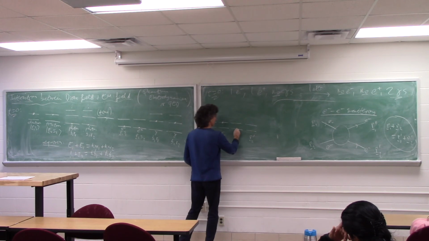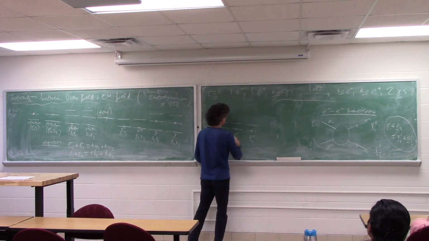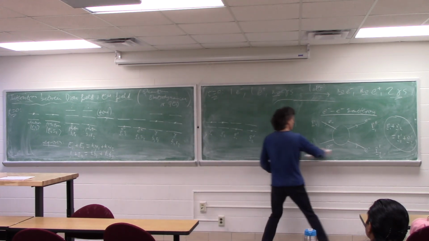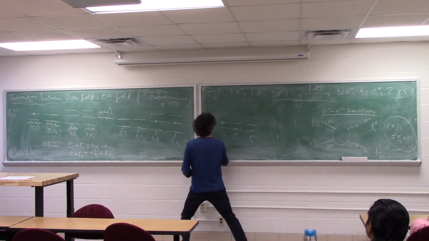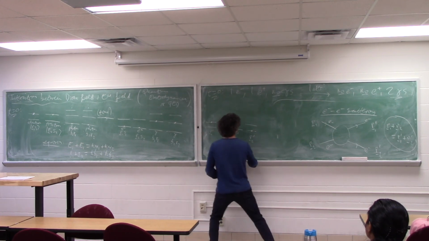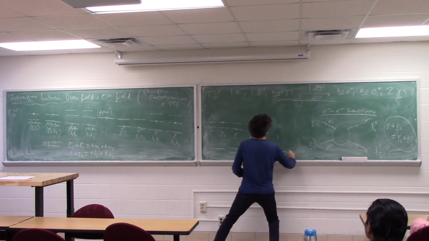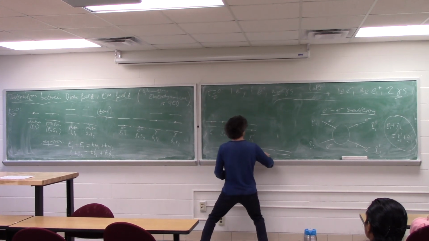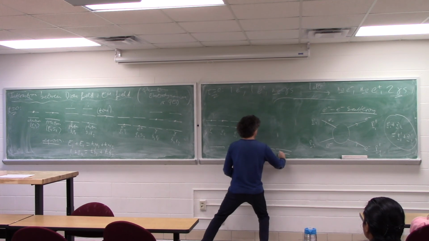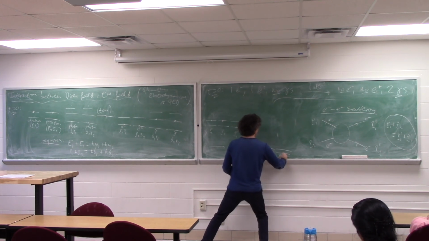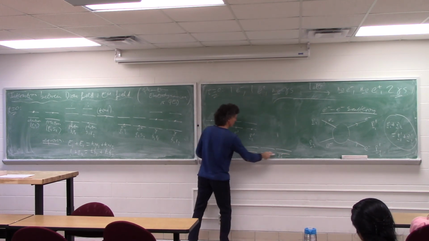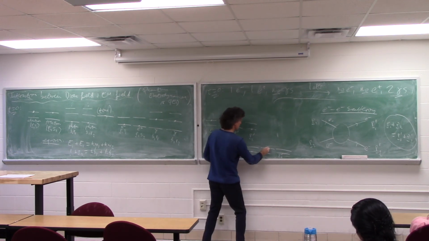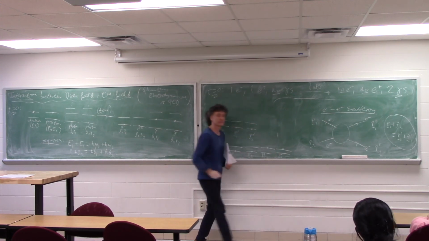There's no electron of momentum P1 prime and no electron of momentum P2 prime. This makes a transition to the following. These are the same four modes, P1, P2, P1 prime, P2 prime. These two become de-excited, and these two become excited.